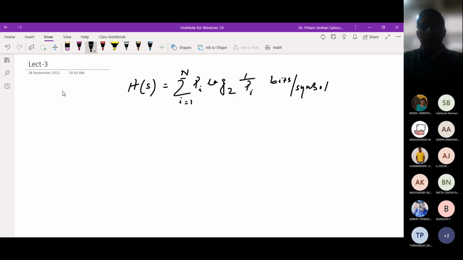This is called the average information, or we also call it entropy. We represent this entropy as a function of S, where S represents my source. If my source is S, it generates some sequence of symbols like S1, S2, S3, and so on up to Sn. That is the reason I represented this function H as a function of S, where S is the source.